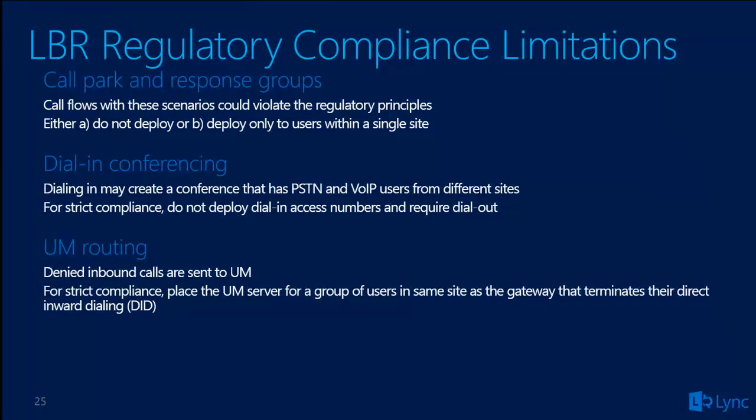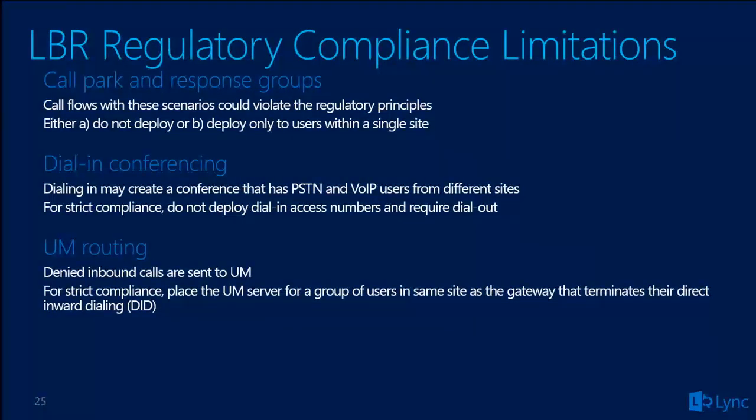It depends. If that user is enabled for location-based routing, as long as he can use the local egress gateway, that is fine. But if by law we say this user was enabled for location-based routing, and he moved from one place to another country where he's not supposed to be, then the call will not be forwarded. It will go to his voicemail.